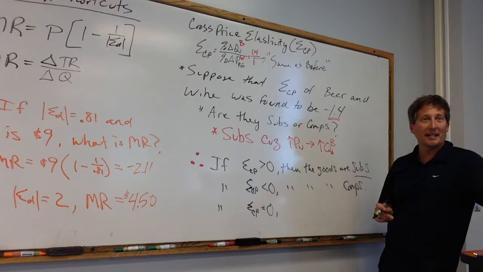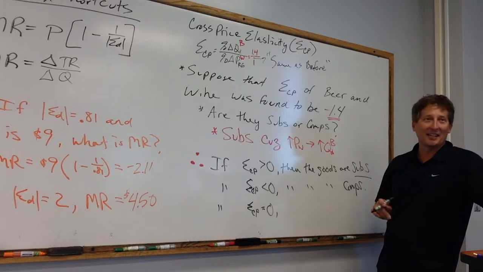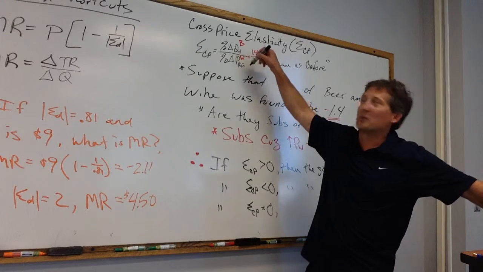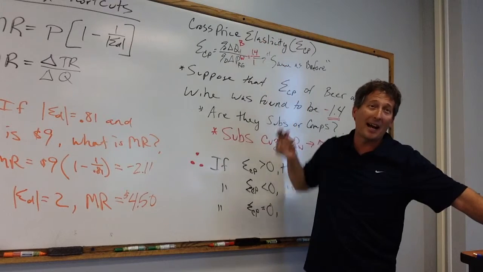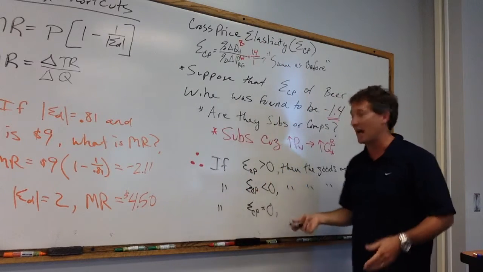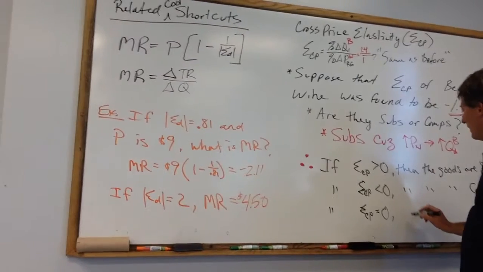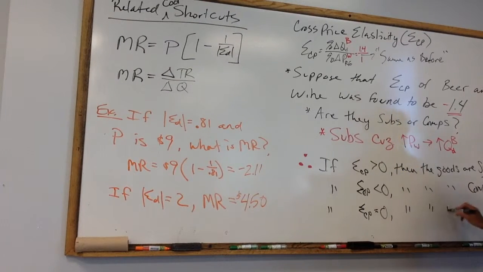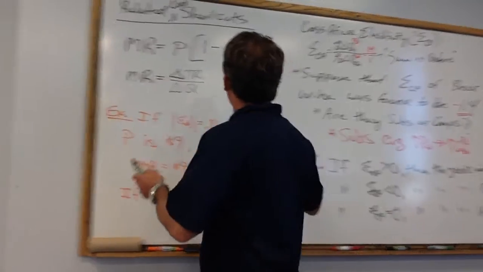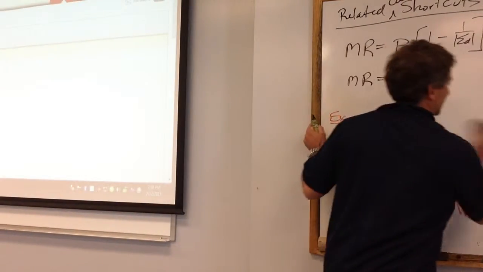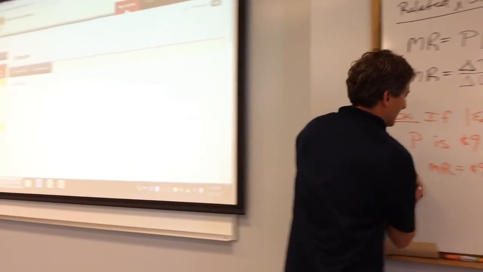How are the goods related to each other? Unrelated, good, right? So you can change the price of wine all you want. It's not going to affect my beer purchases. So then they're actually unrelated. That's important as we get into the estimation business too, is that we might find some goods that don't.